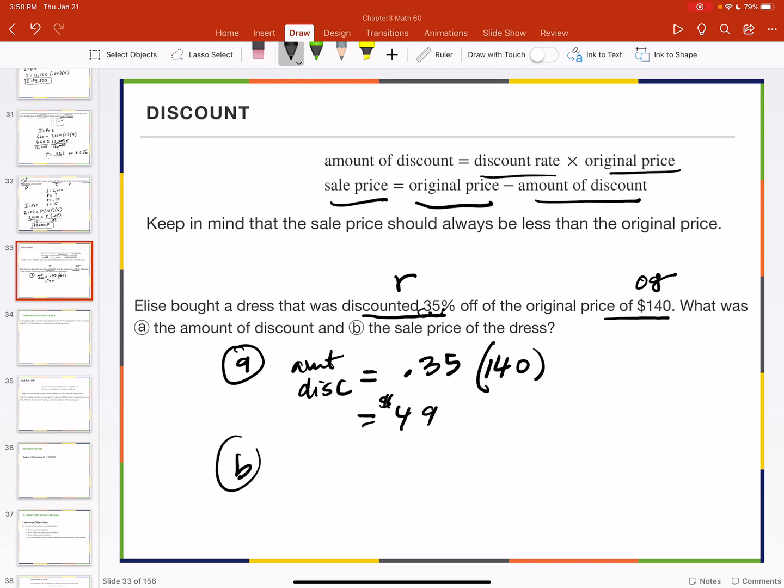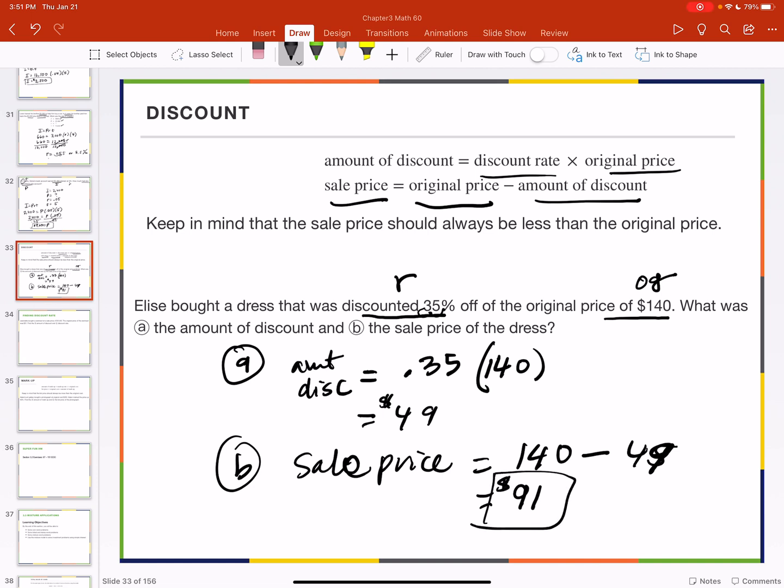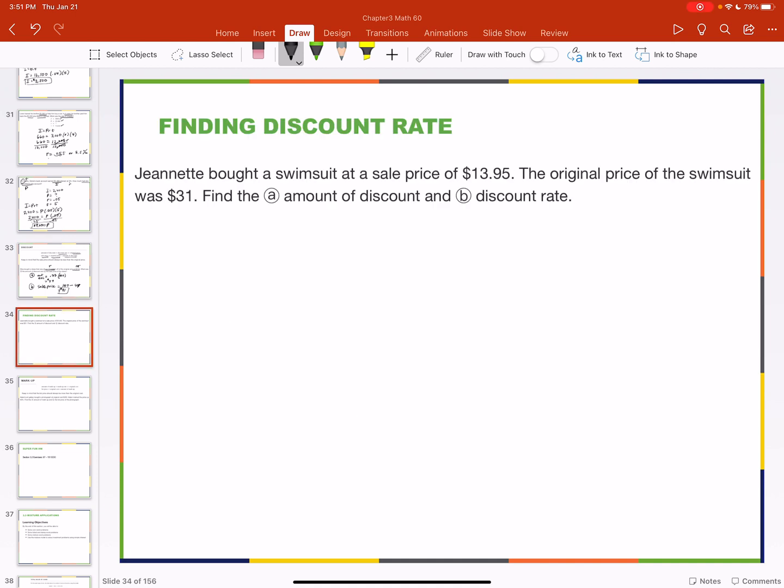So then B, the sale price, is going to be the original price minus the amount of discount, which is 49, excuse me. And then that's going to be $91. Still expensive.